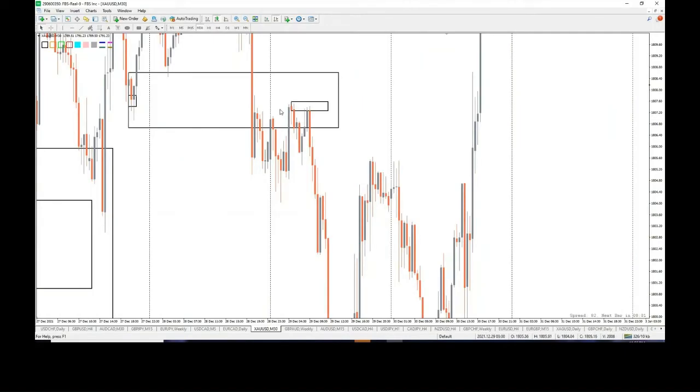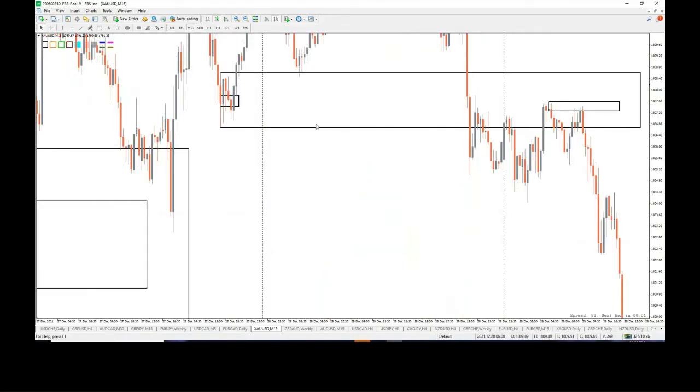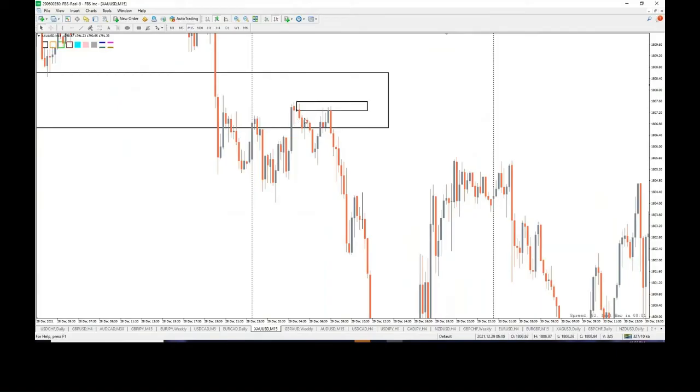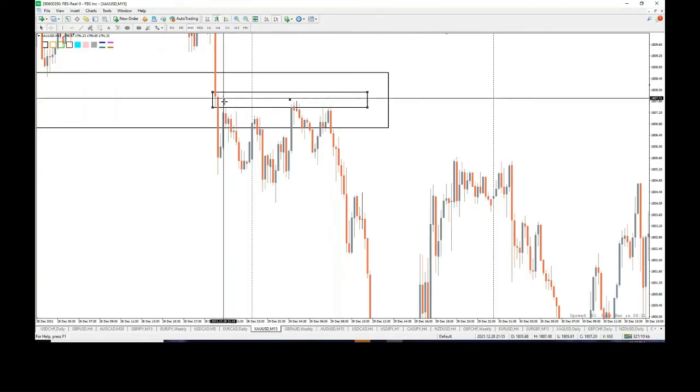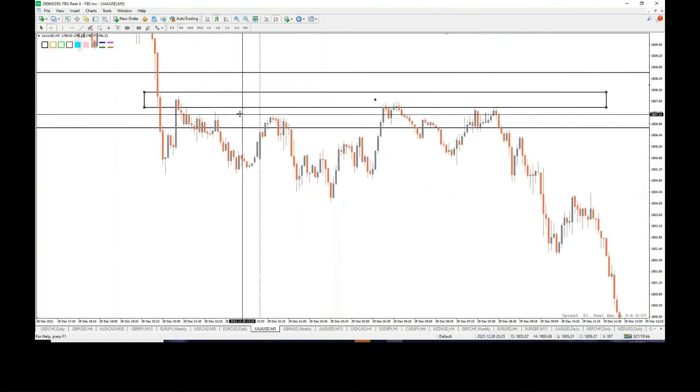I don't use doji. That's what I mean, a candle with no body inside this dominant zone. This dominant candle will have an engulfing inside there.